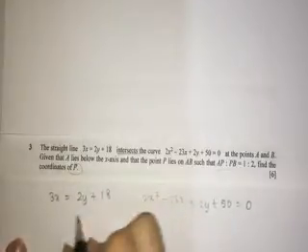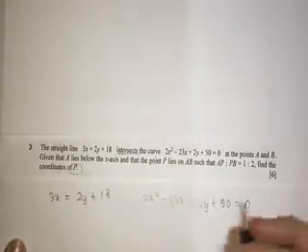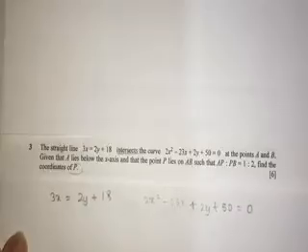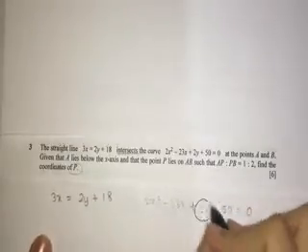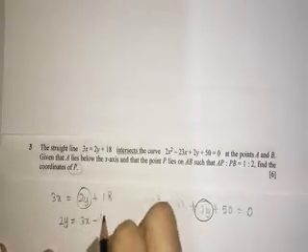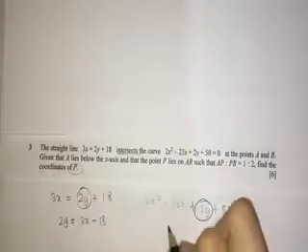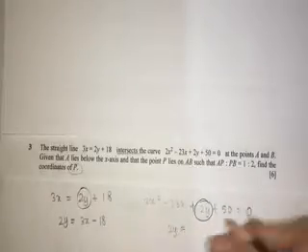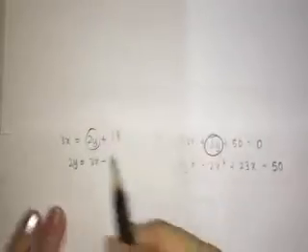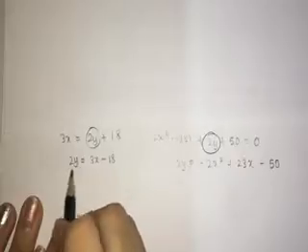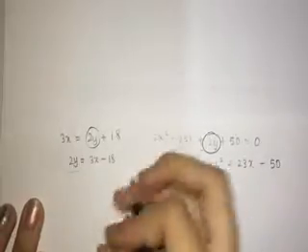So first we are going to make this equal. As we can see, both of these have a 2y in them. We're just going to move this 2y on one side and 3x minus 18 on one, and we're going to do the same on the other side: minus 2x squared plus 23x minus 50. Now since both of them have a 2y in there, we can just put them together.